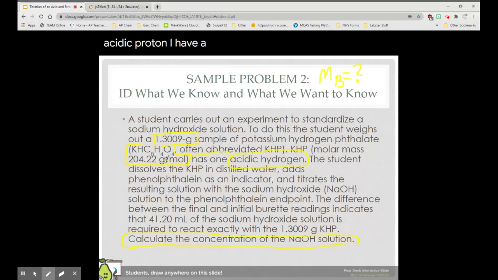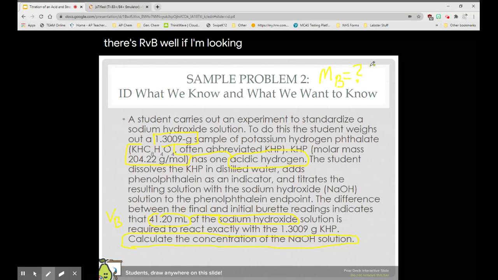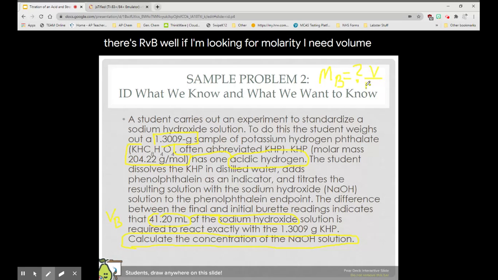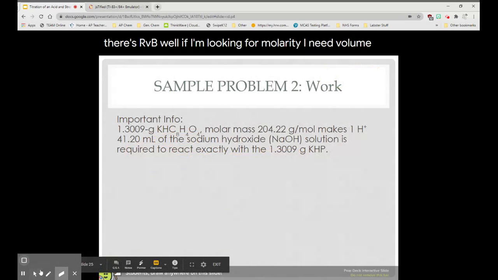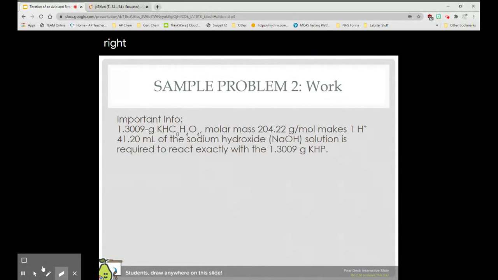I have a mass and a molar mass, so we'll need to convert that. And we've got a volume of sodium hydroxide. So there's our VB. If I'm looking for molarity, I need volume and moles. All right, there's the info we need. So let's solve it.